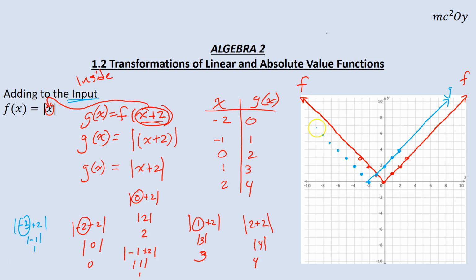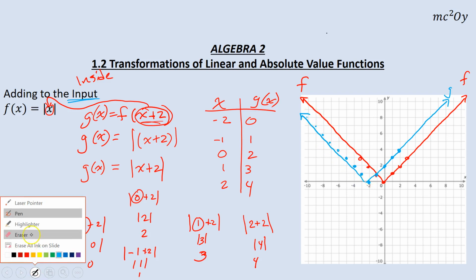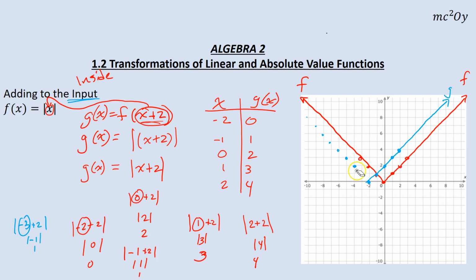And so what you see here is this line, which I obviously did a horrible job at drawing there. Let's fix that up. This line right there for g is a little better.